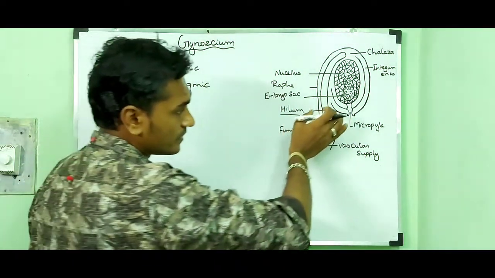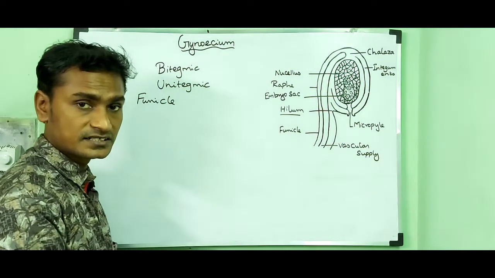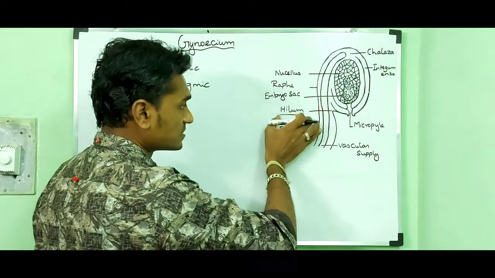The stalk of the ovule is the funicle, present at the base of the ovule. The function of the funicle is to attach the ovule to the placenta. The stalk and the body of the ovule are attached at a point, and that point of attachment is called the hilum.